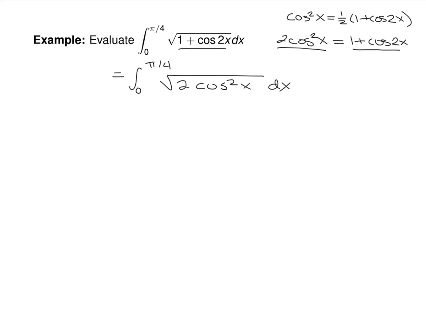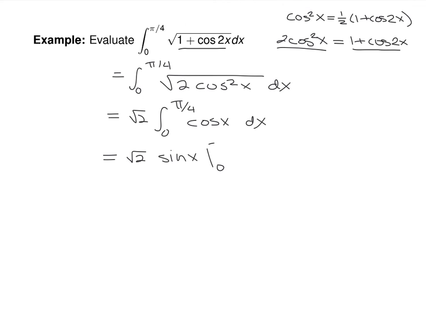And I know it's not pretty, but the square root of 2 is just root 2. So there you go, root 2, just leave it. And the square root of cosine squared is just cosine. On 0 to pi quarters, cosine is actually positive, so you can ignore the whole plus or minus business. And the antiderivative of cosine is just sine.